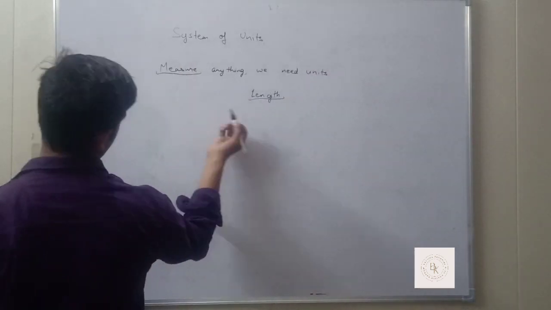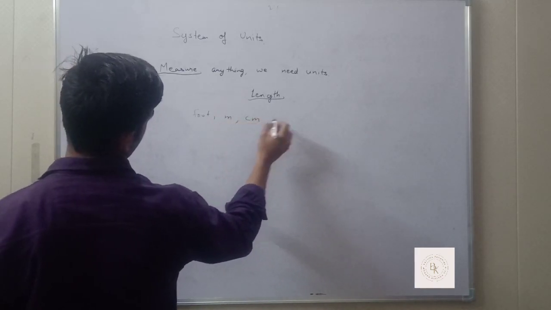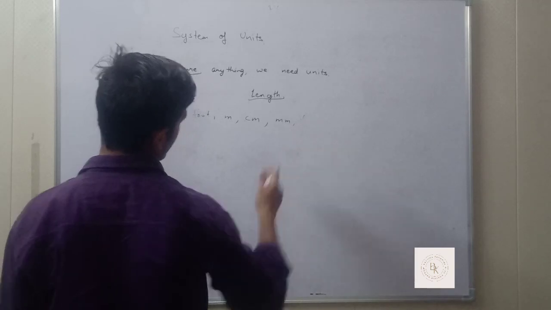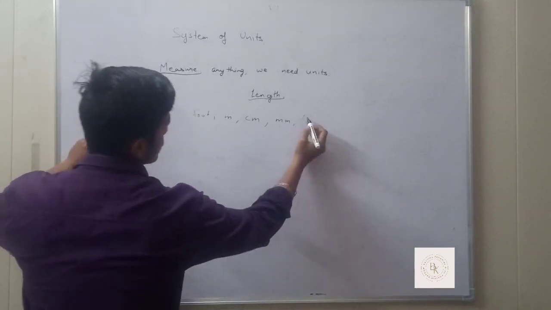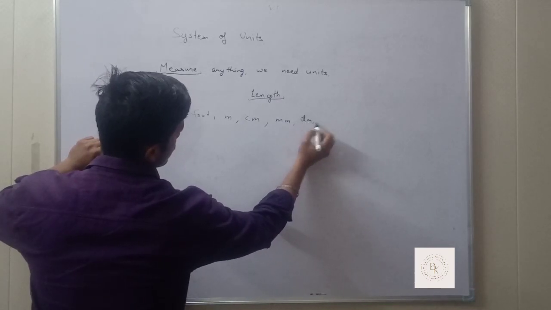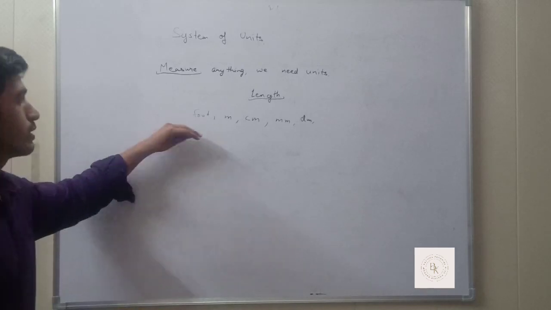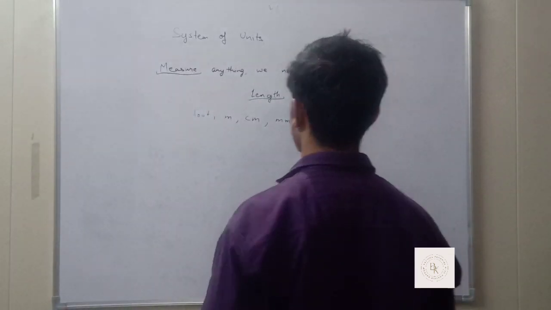We can measure it in foot, meter, centimeter, millimeter. We cannot say kilometer because the length of a table is not so large. We can say decimeter.